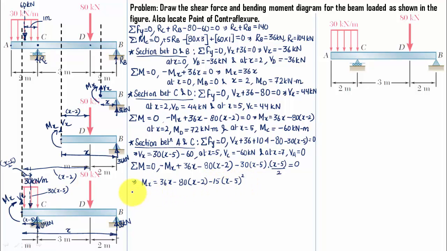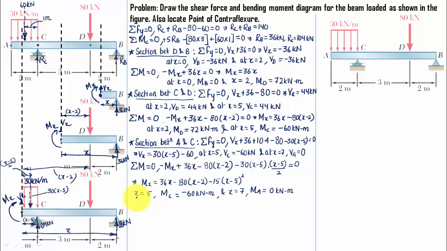And what you need to do is put the value of x is equal to 5 so that you can get the value of moment at C, which is going to work out as negative 60 kNm. And when you put the value of x is equal to 7, you're going to get the value of moment at point A, which is going to be equal to 0 kNm. That's it. So at the free end, essentially the value of bending moment will be equal to 0.